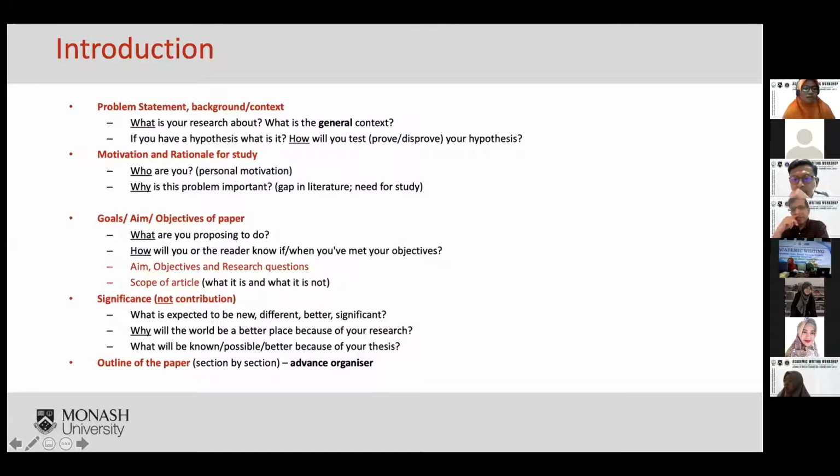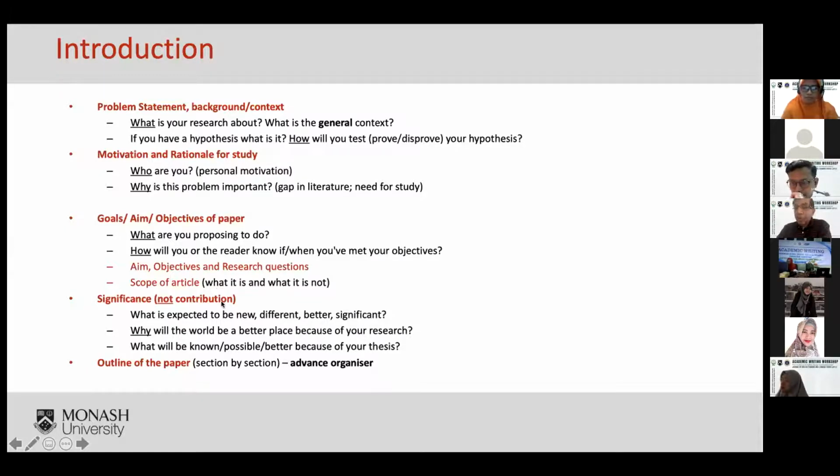Okay. Yes. Thank you. That's good. The only thing I will point out in the introduction is these two things, significance and contribution. These two are different. Significance means why the study is needed and why it is important, so we need to talk about that at the beginning, in the introduction.